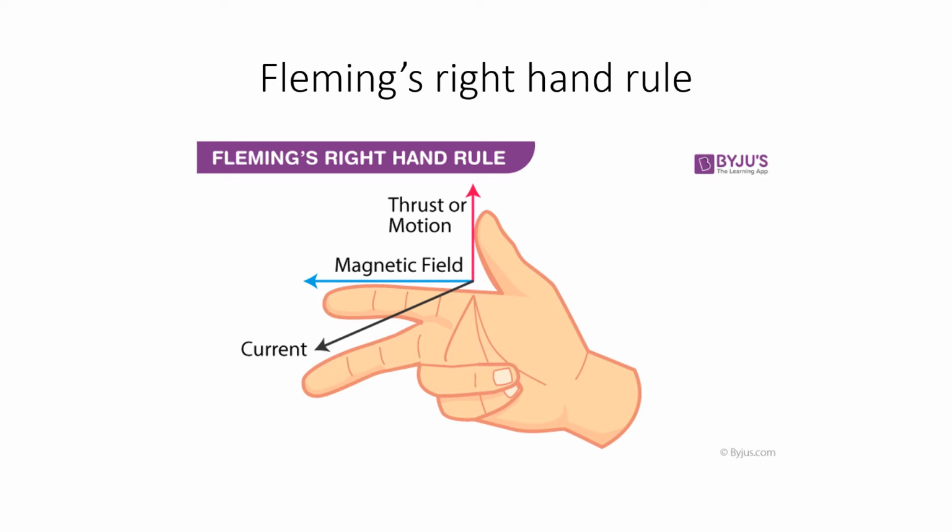Here your index finger represents the magnetic field, your thumb finger represents the motion of the conductor, and the middle finger represents the current direction. So the induced EMF direction we get by Fleming's right hand rule.